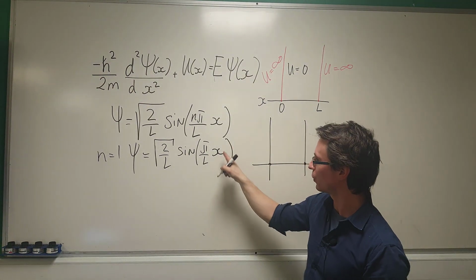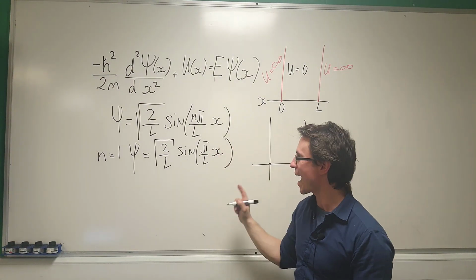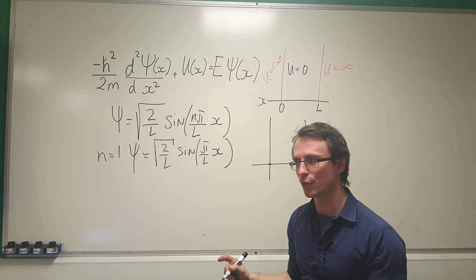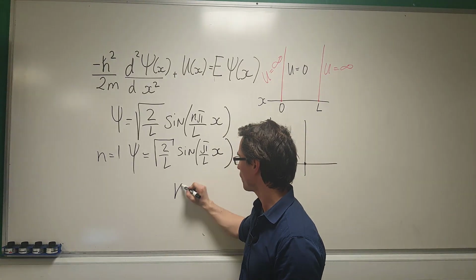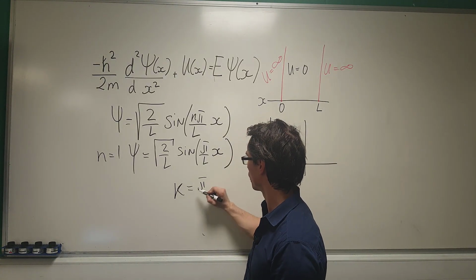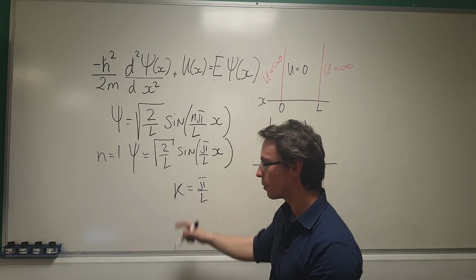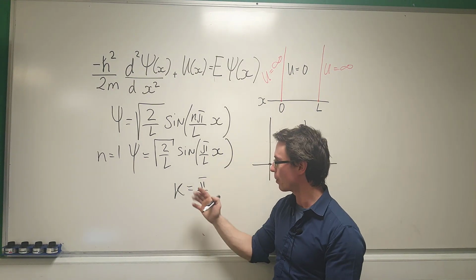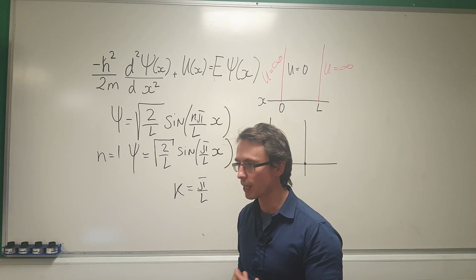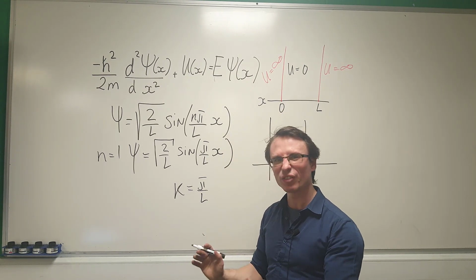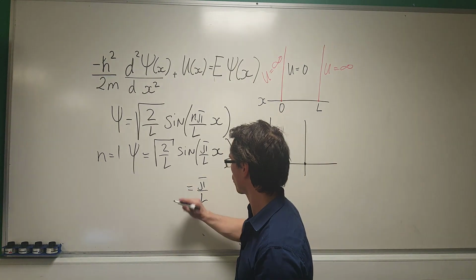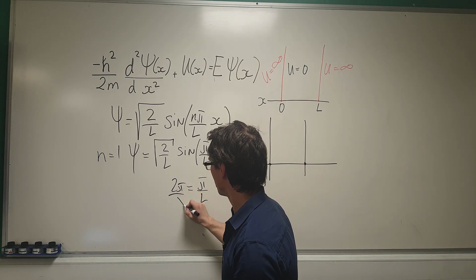Well, remember, the quantity multiplying x is actually our wave number k. So our wave number k in this case will be equal to pi over L. However, remember, we've covered this, our wave number k is actually the amount of wavelengths per radian, so that's just 2 pi over the wavelength.